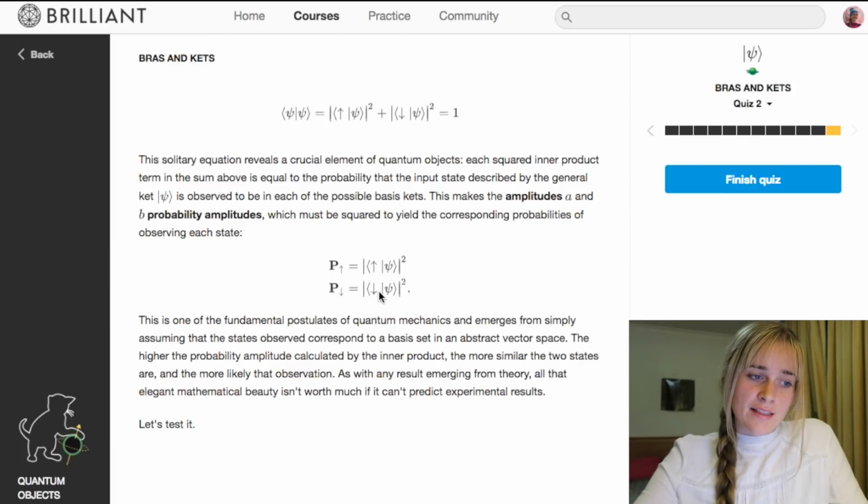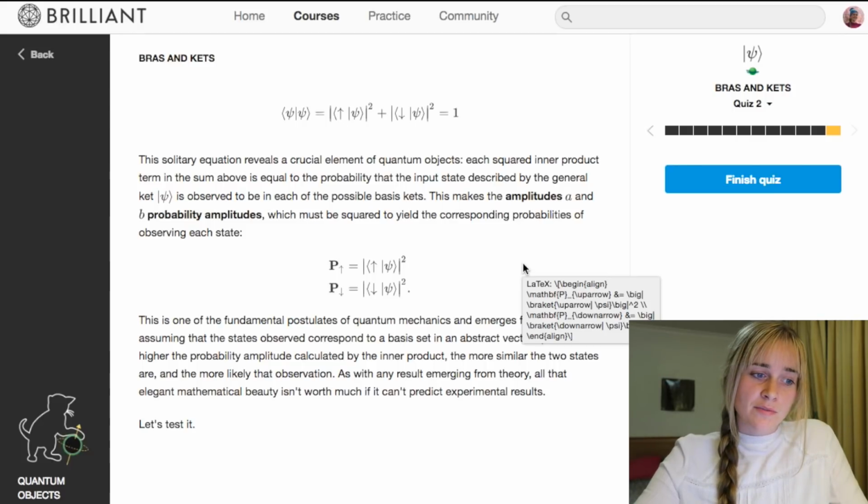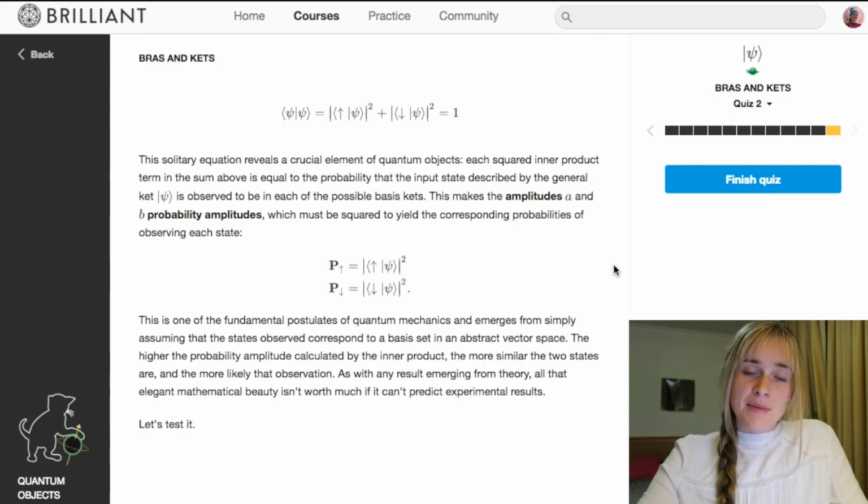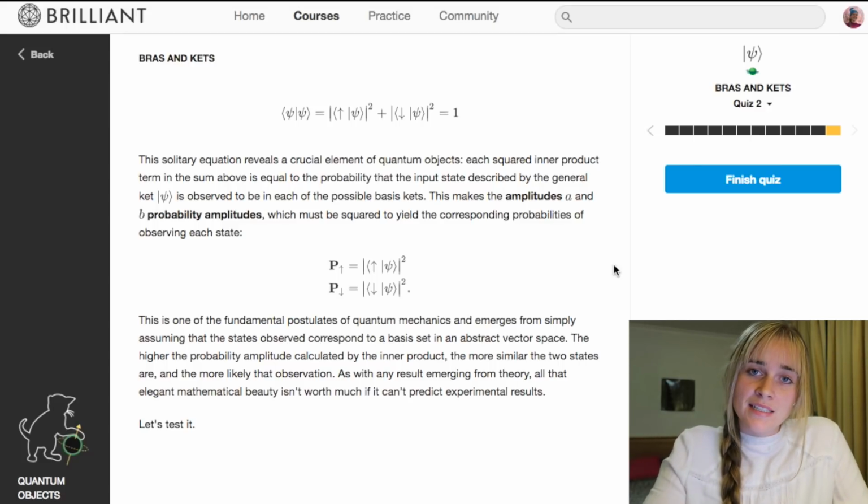Now, because this is equal to A, as we proved before, and this is equal to B, that means that A and B are probability amplitudes. The A and the B give us the probability of being spin up or spin down, and that's all wrapped up in this equation here.